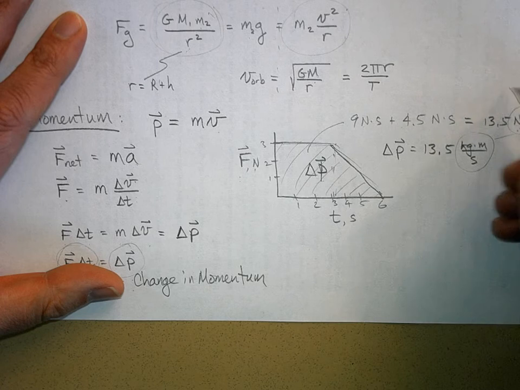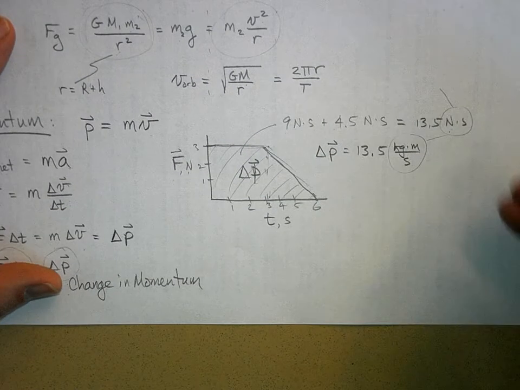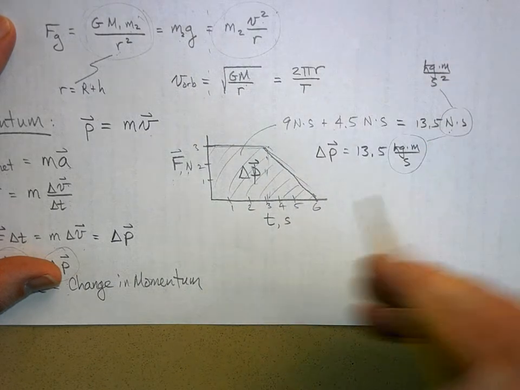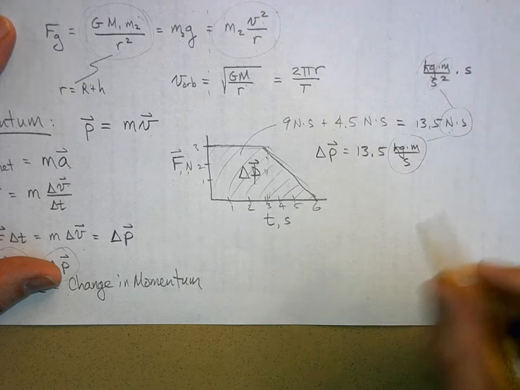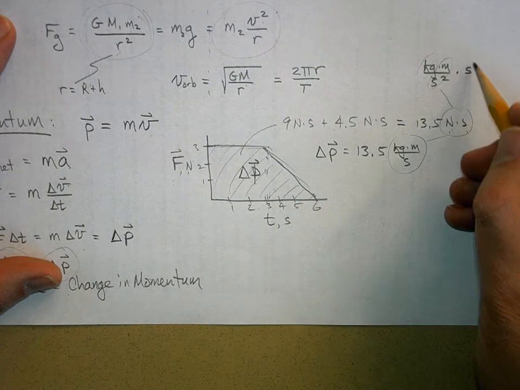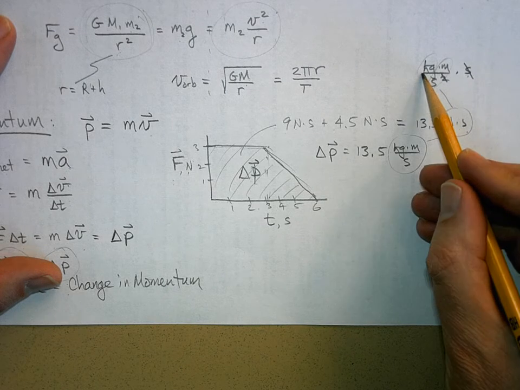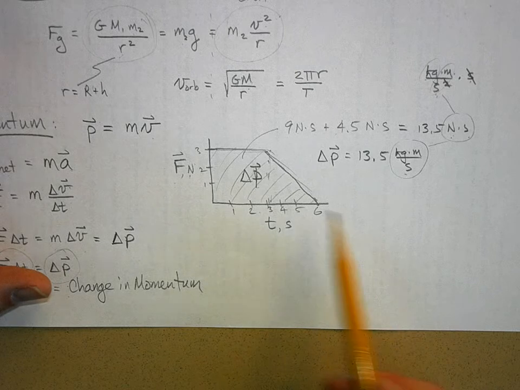A Newton is a kilogram meter per second squared, right? Mass times acceleration, that's a Newton, times a second, because we multiplied by time, force times time. The second cancels the second squared, and I get kilogram meters per second, which are the units for momentum, in this case, a change in momentum.